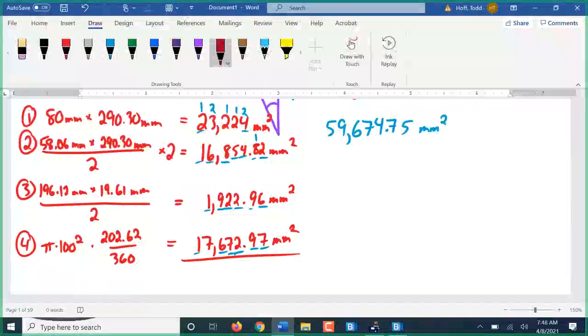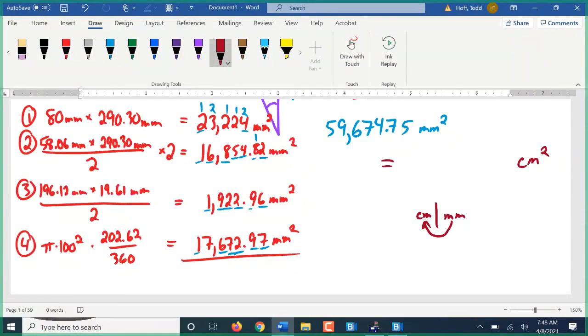Now I am going to convert this to square centimeters, just because that's a really large unit. Remember, from millimeters to centimeters is one spot on the chart, but since it's squared, each spot on the chart is multiplying or dividing by 100.